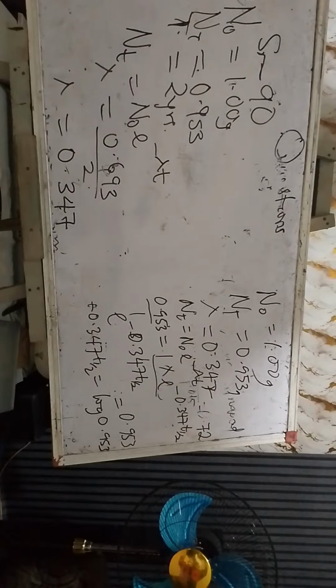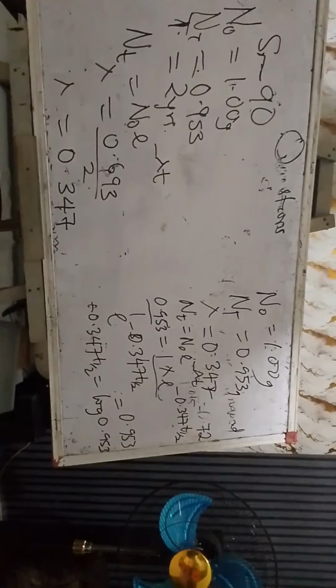So make T half the subject of the formula by dividing through by 0.347. So what do we have?